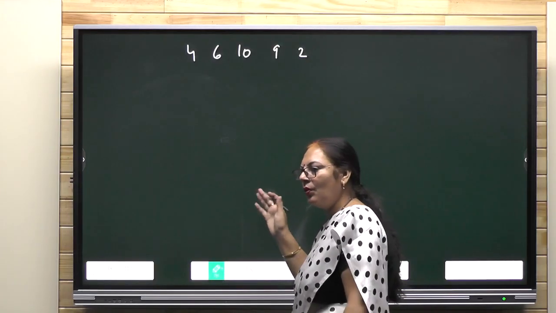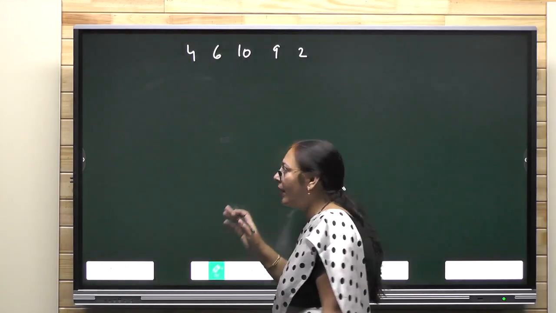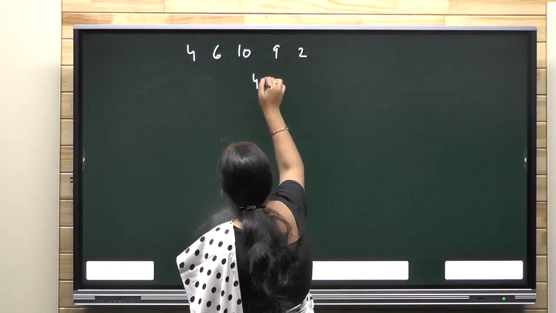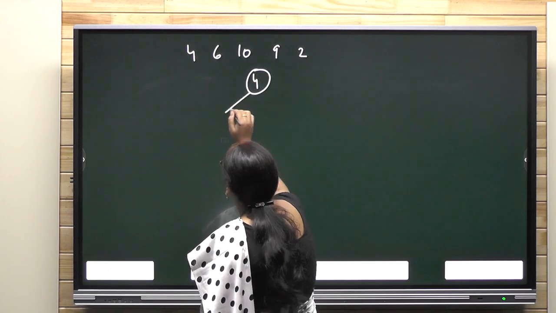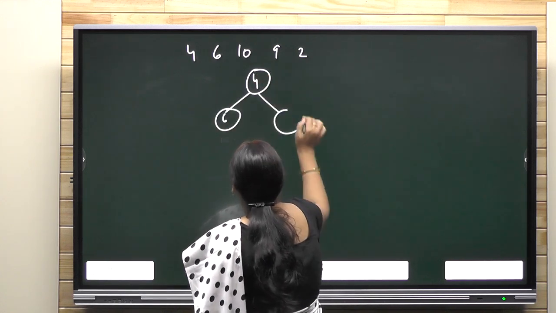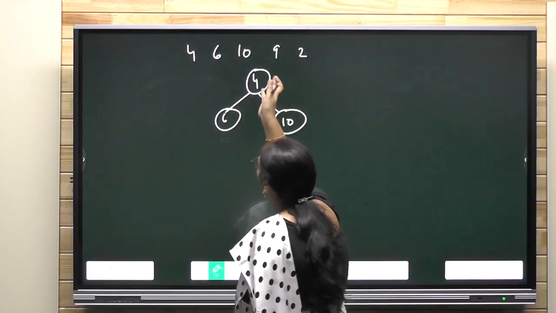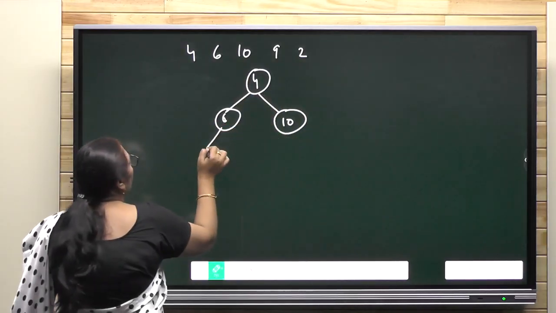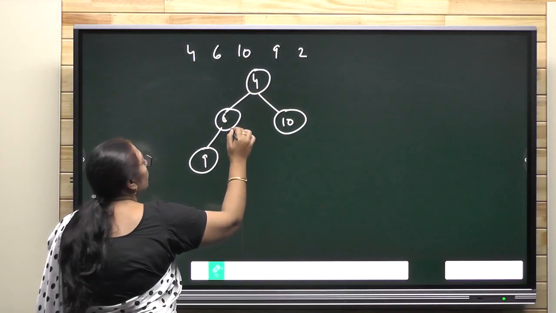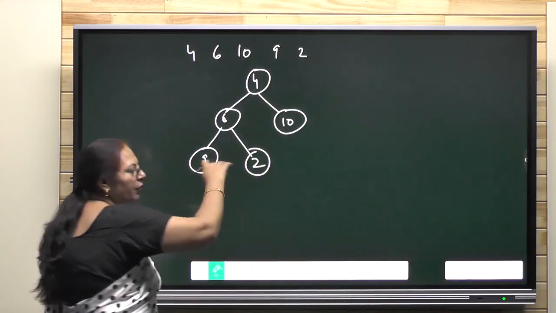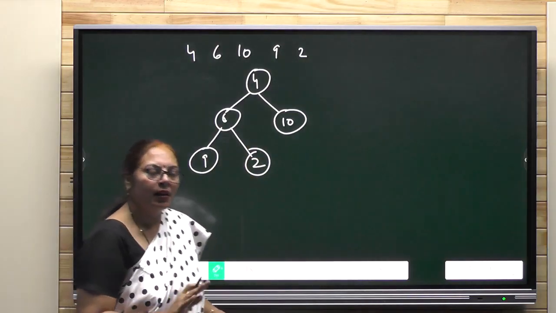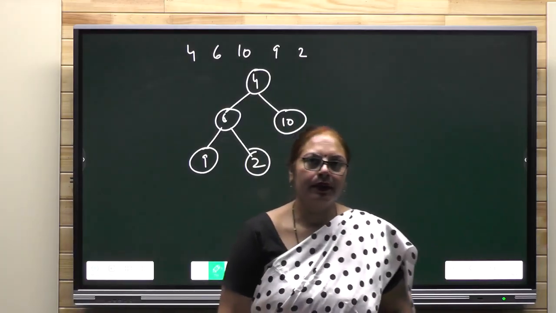So the first node is 4, keep it at the root, next is 6, keep it to the left, then 10, then 2. Now 9 comes and goes to the left of 6, and 2 goes to the right of 6. So like that we make this simple binary tree, a simple heap.